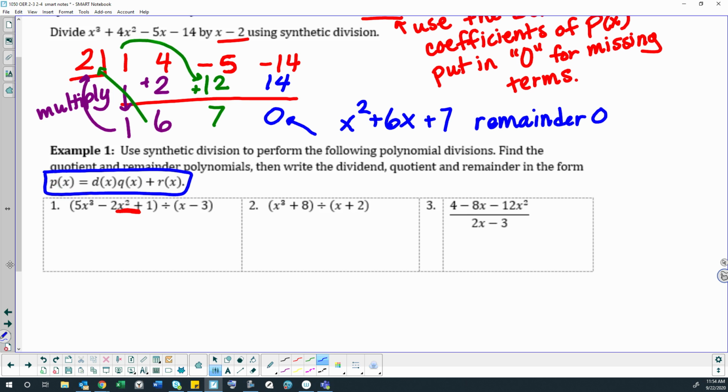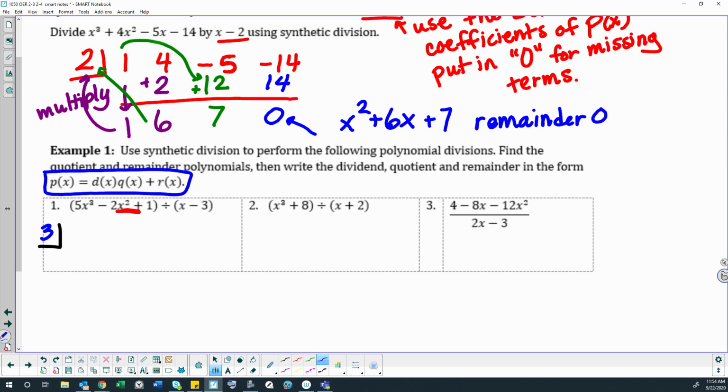Okay. So let's start with this one. What's the 0 we're going to use if we do synthetic division? 3. So wait, if it was adding, would it be negative? So if it was x plus 3, we would use a negative. Exactly.